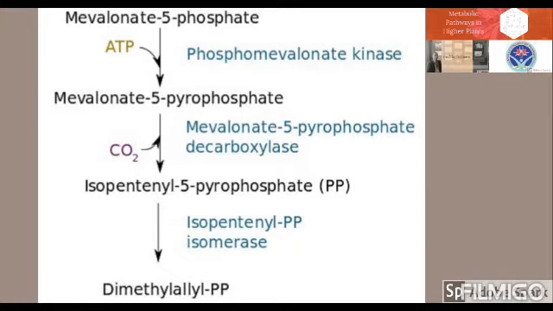Up to the formation of mevalonic acid, the pathway is designated as the upper mevalonate pathway, and from mevalonic acid to IPP and DMAPP as the lower mevalonate pathway.